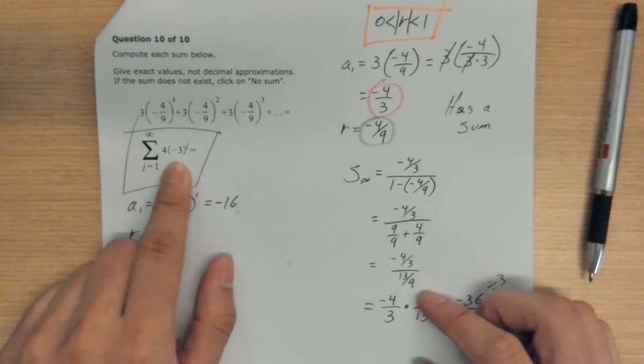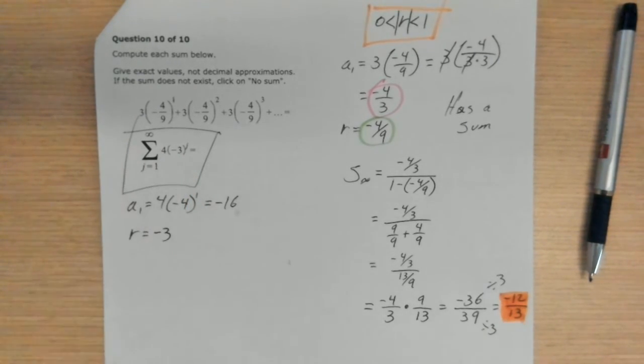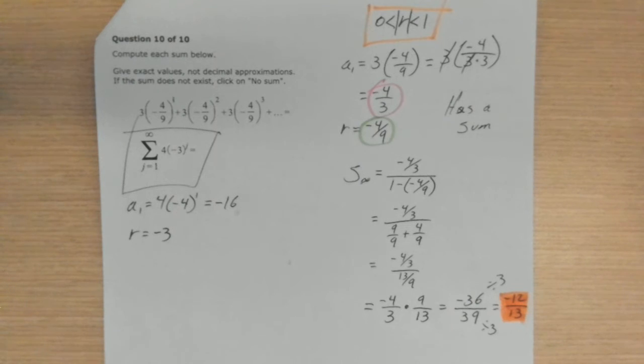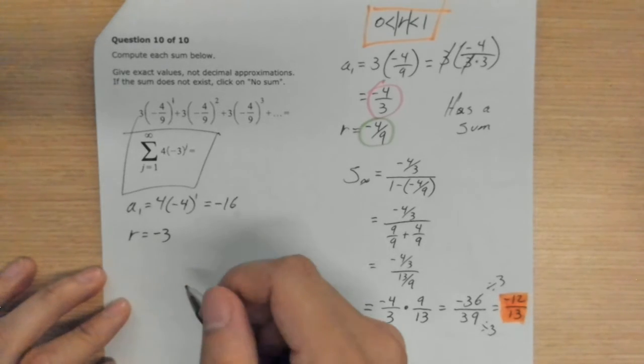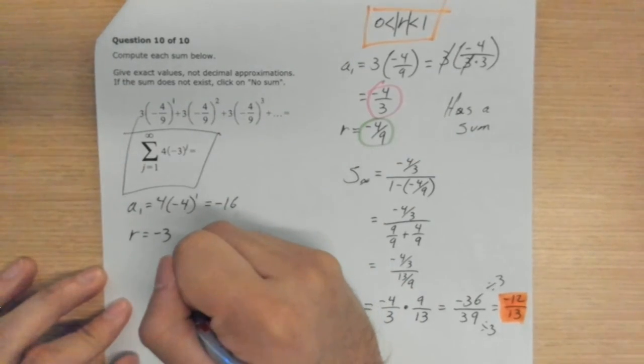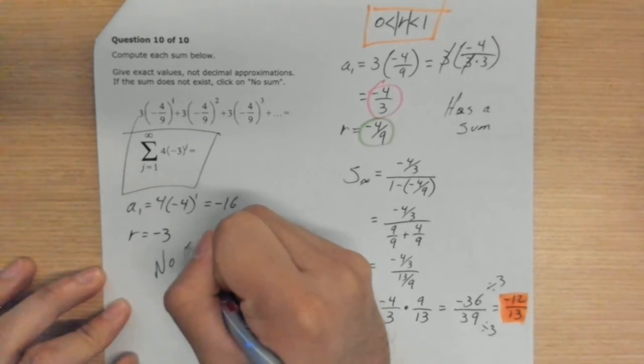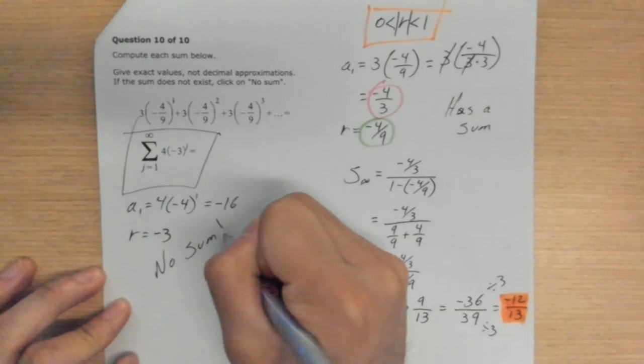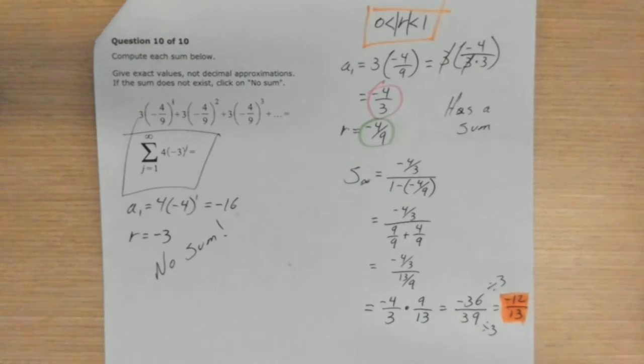It's the value being raised to a power. 4 is not being raised to a power, that's just 4. But minus 3 is. So guys, unfortunately, we're done. It has no sum. So that's the answer for that one.